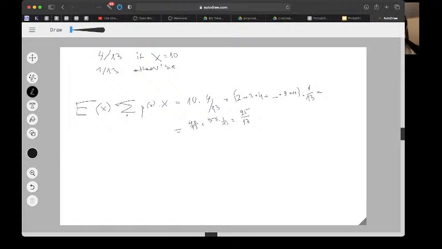Okay, so now we want to compute the variance of the same thing. This will be equal to E of x squared minus E of x, squared. So here the square is applied on the whole thing.